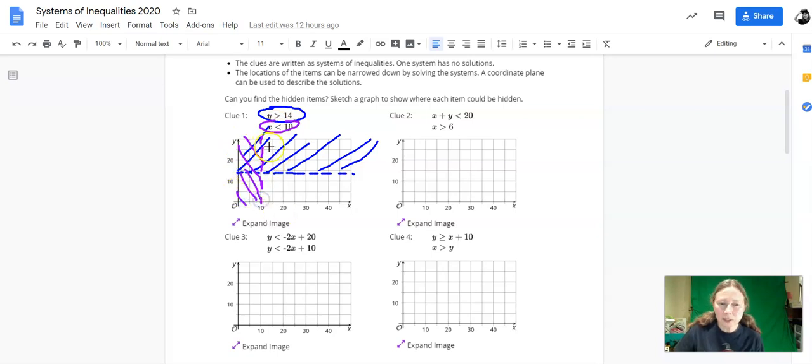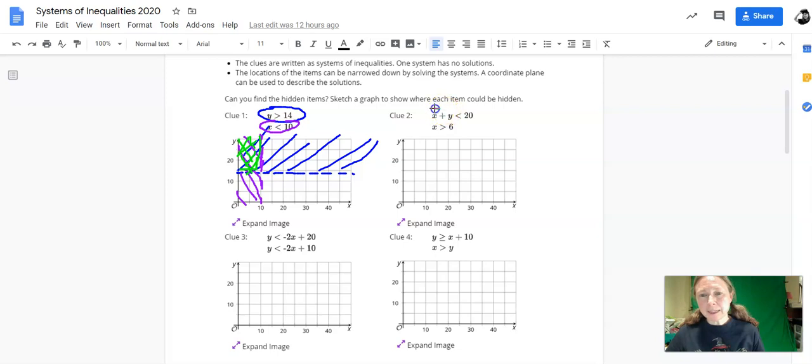So the solution to this system of inequalities is the place where those 2 shaded regions overlap. And that's this little rectangular area right there. And I'll even shade that in with a different color so we can demonstrate it right in this area. So that area right there is the solution set to the system of inequalities, and that's where that scavenger hunt clue is. Okay? Next situation.